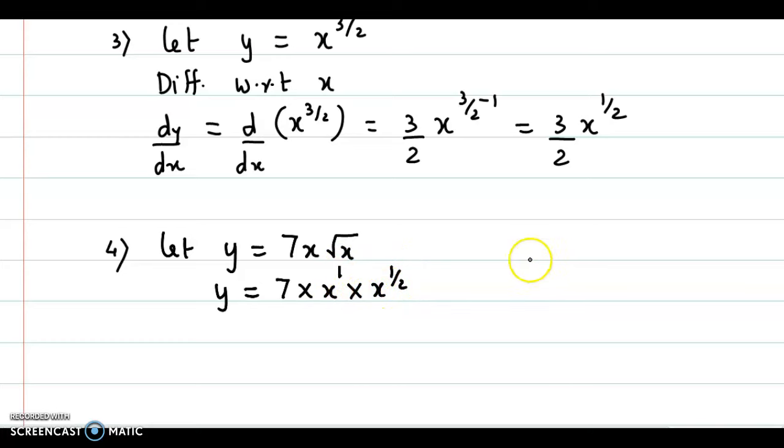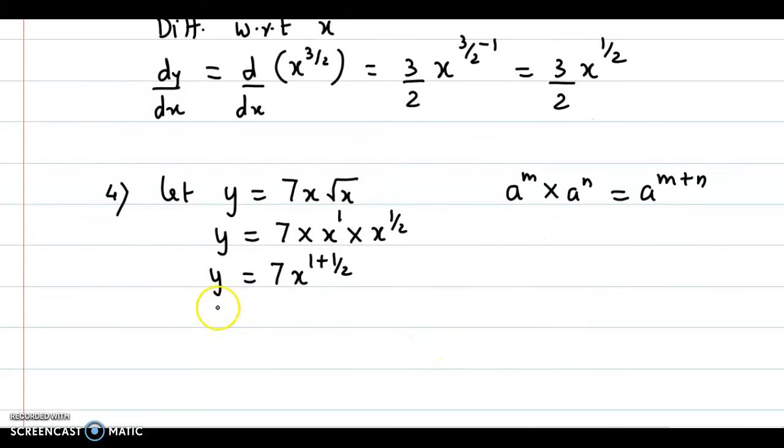We can combine these two terms using the law of indices: a raised to m into a raised to n is equal to a raised to m plus n. So we have y is equal to 7 times x raised to 1 plus half. Now 1 plus half is 3 by 2. So y is equal to 7 times x raised to 3 by 2. And now we differentiate with respect to x.